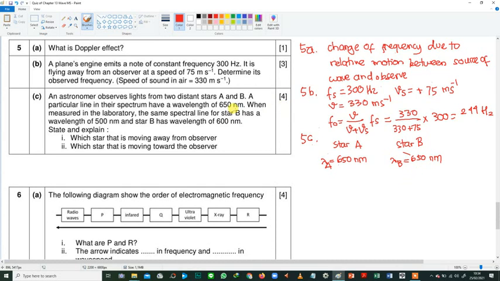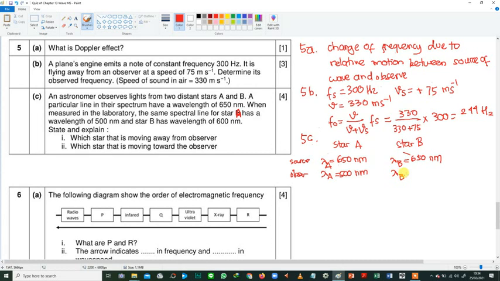Now, in here, it must be A, and this is B. So for A, the wavelength that is observed, so this is the source, this is the observed. So for the observed one, A becomes 500 nanometer, so smaller than before.